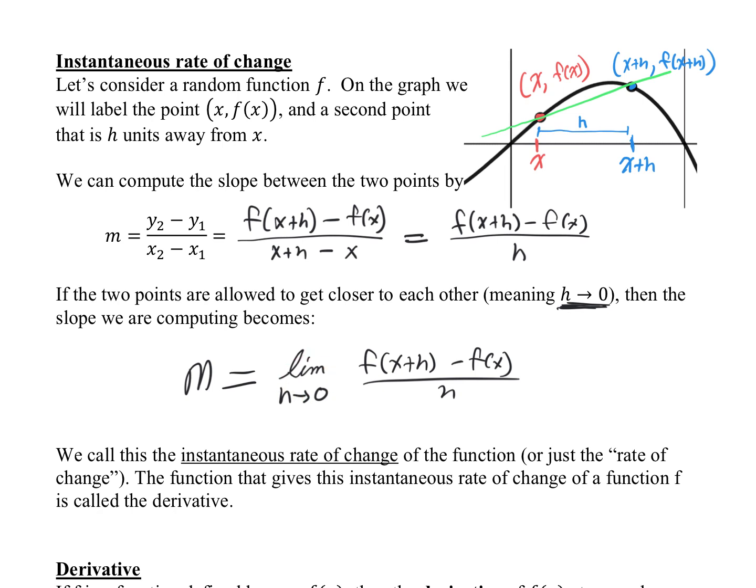One thing I want to point out, if you think back to how we think about limits, what would happen if you tried direct substitution right out of the gate on this expression? Well, if you put 0 in for h, then this first part just becomes f of x, and then it would be f of x minus f of x, which would be 0, all over, and when we plug in 0 for h, it would be 0.